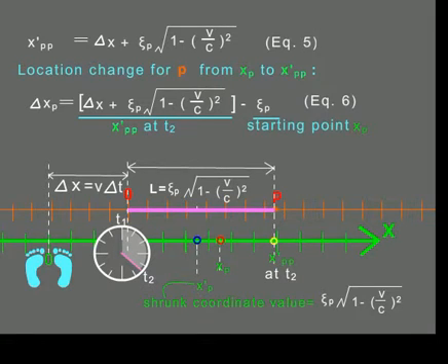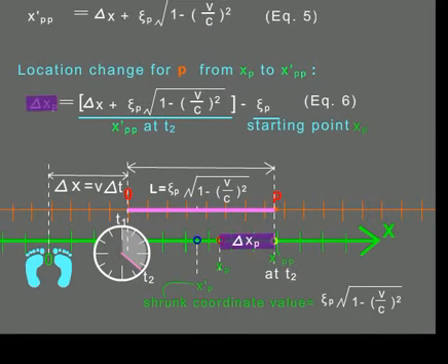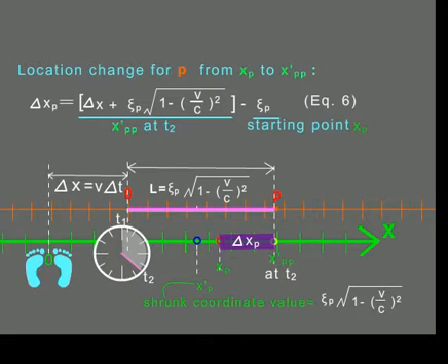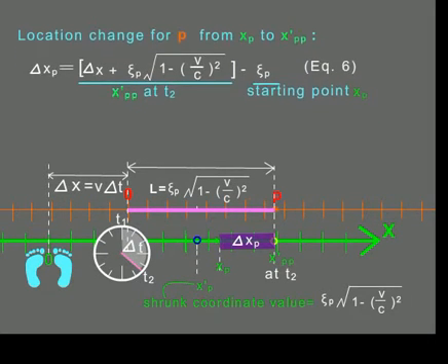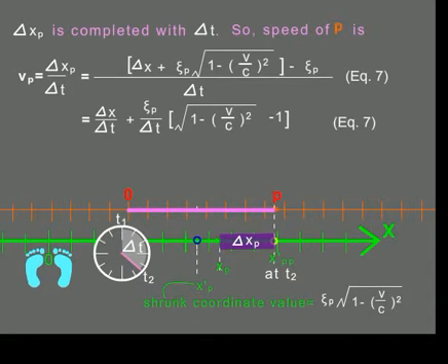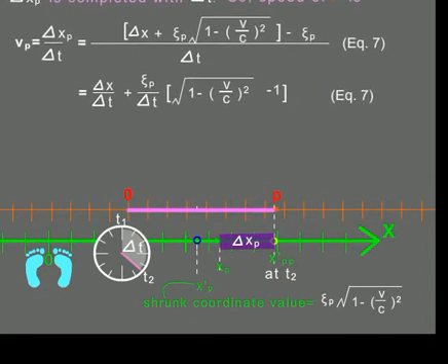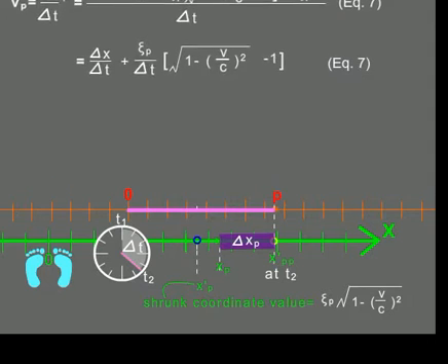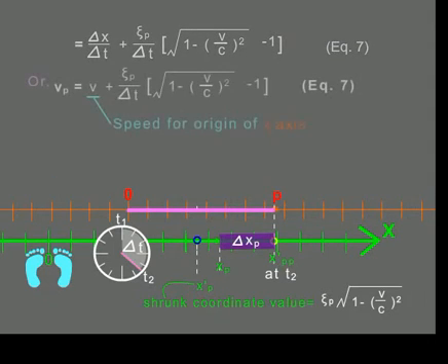This location variation will cause the observer to conclude a speed for the movement of P as shown by equation 7. Speed Vp is obviously different from v, which is the speed of the origin of the c-axis.